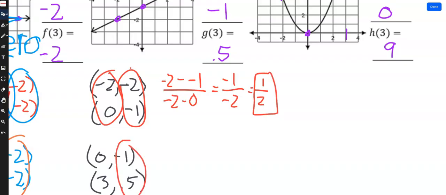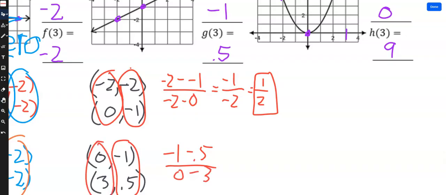And on the next one, oops, -1 minus 0.5 over 0 minus 3 equals -1.5 over -3. Oh, look at that, 1/2 again.